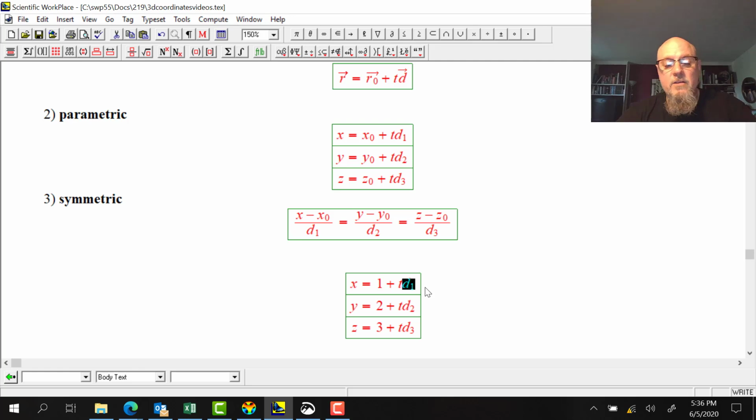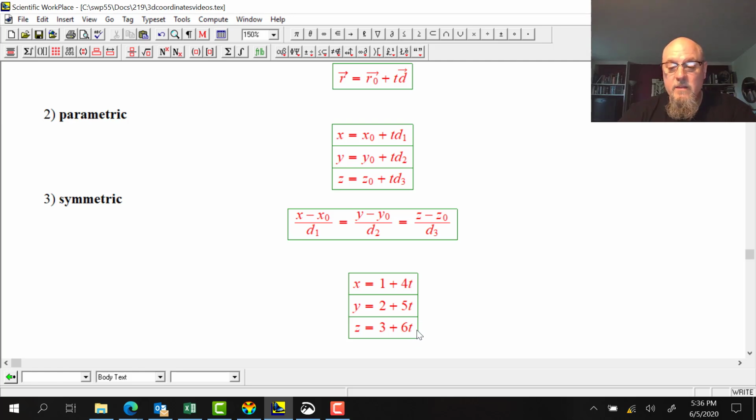I'm going to say the direction vector is 4, 5, 6. Terrible, not imaginative at all, but there it is. Usually we would write it as 4 times t. So I just made up this line. I can see the point that it goes through, 1, 2, 3. I can see the direction vector, 4, 5, 6.